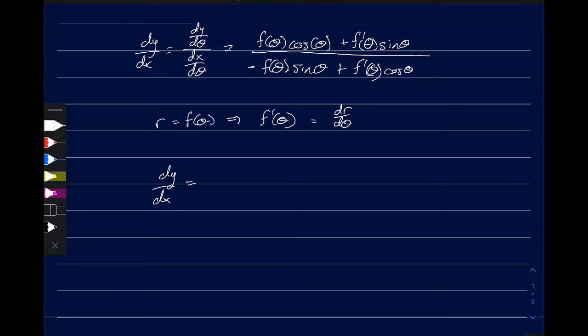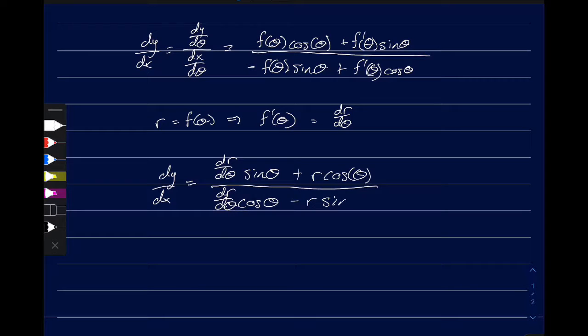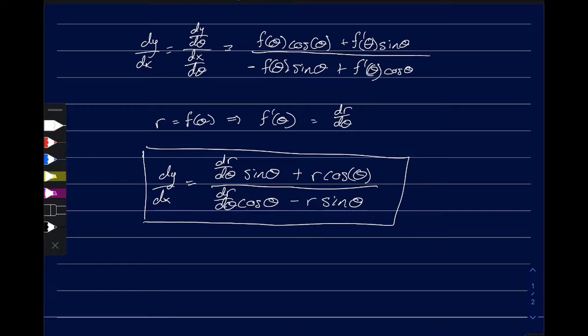So now we have that dy/dx, let's put our derivatives first: dr/d theta sine theta plus r cosine theta, divided by dr/d theta cosine theta minus r sine theta. So this is the formula for our derivative of a polar function.